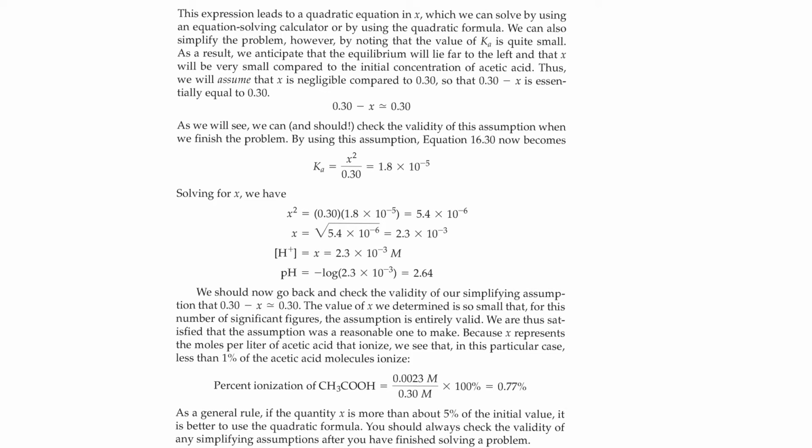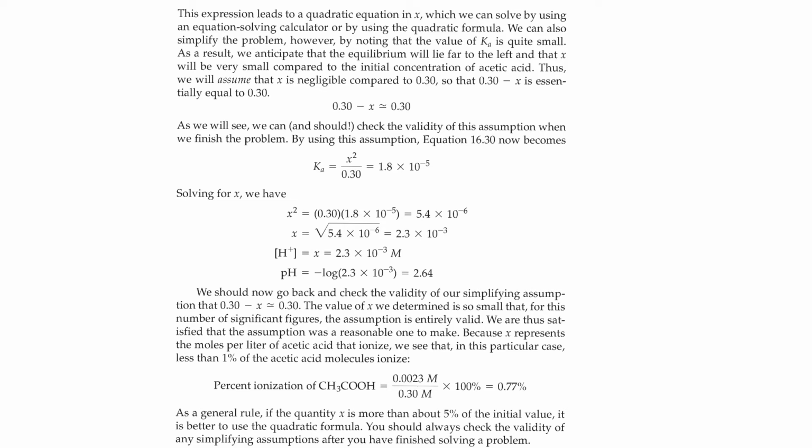We should now go back and check the validity of our simplifying assumption that 0.3 minus x equals 0.3. The value of x determined is so small that, for this number of significant figures, the assumption is entirely valid. We are thus satisfied the assumption is a reasonable one to make.